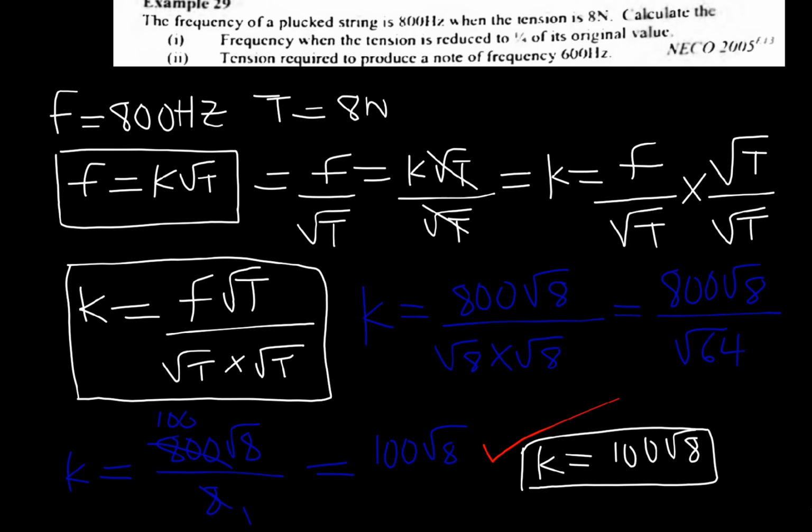Now we can solve for the first question since we've gotten k. Do not forget, our k now is 100 root 8. The Roman numeral I says: the frequency when the tension is reduced to 1/4 of its original value.